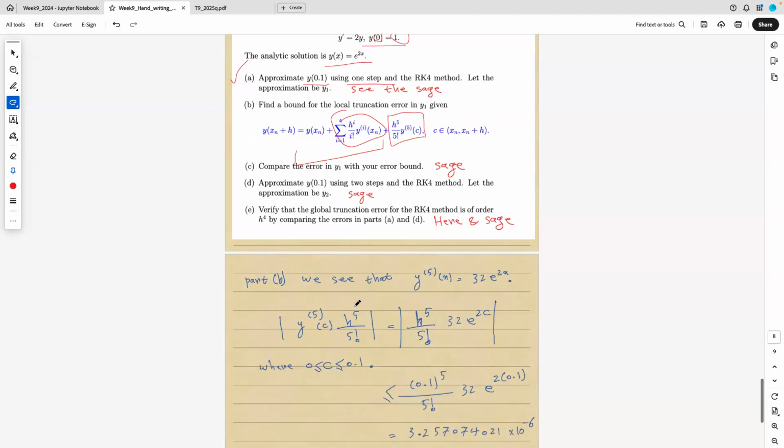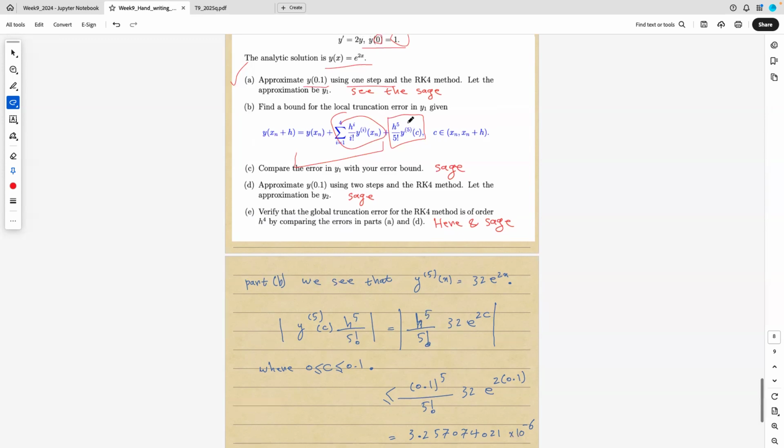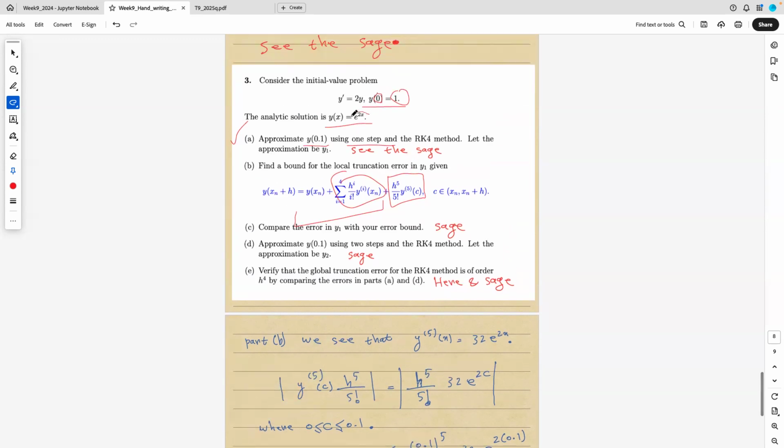So it's the same thing as question one part A. It's just substituting h by 1/10, 5 factorial. And y power 5, it's easy, just take the derivative of this one 5 times.